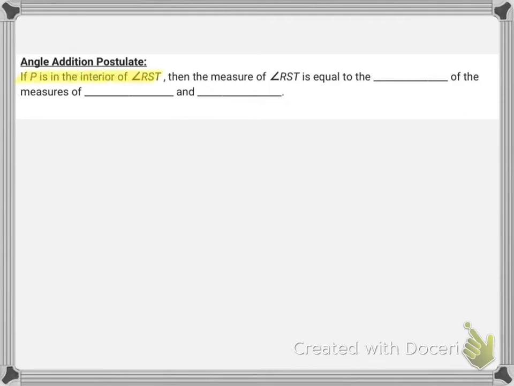It says if P is in the interior of angle RST. So I'm going to draw an angle here, angle RST, just like they say.